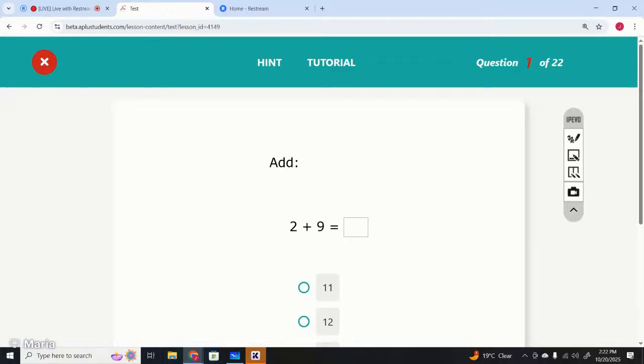So which is the correct option? 11. Option number 1 is the correct option.